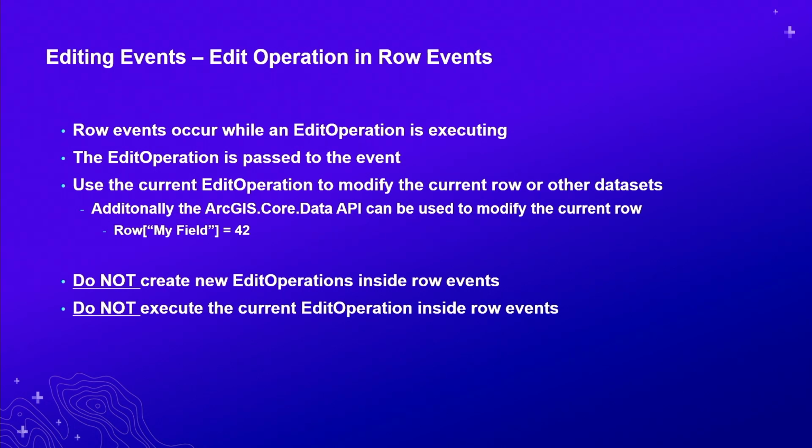A couple of rules to follow. Because we're already inside an edit operation, don't create a new one. Bad things will happen inside the row events, and certainly don't execute the current edit operation inside the row events. When the row event has finished and you've queued up additional commands, when the row event returns, the edit operation will finish its execution and hopefully do all that you asked.